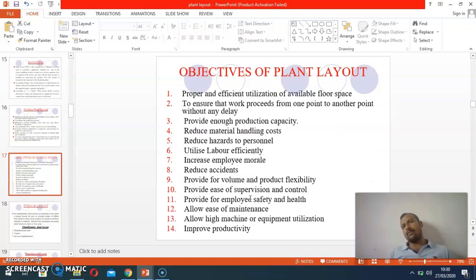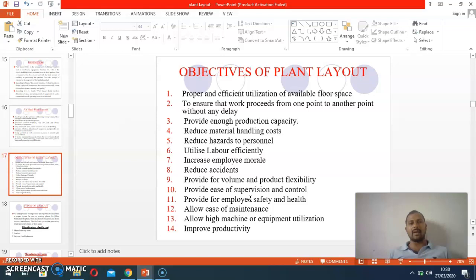Then labor efficiency, supervision and control, use of space and expansion possibilities, etc. Then the objective of a plant layout. The objective of plant layout is proper and efficient utilization of the available floor space, and to ensure that work proceeds from one point to another without any delays.